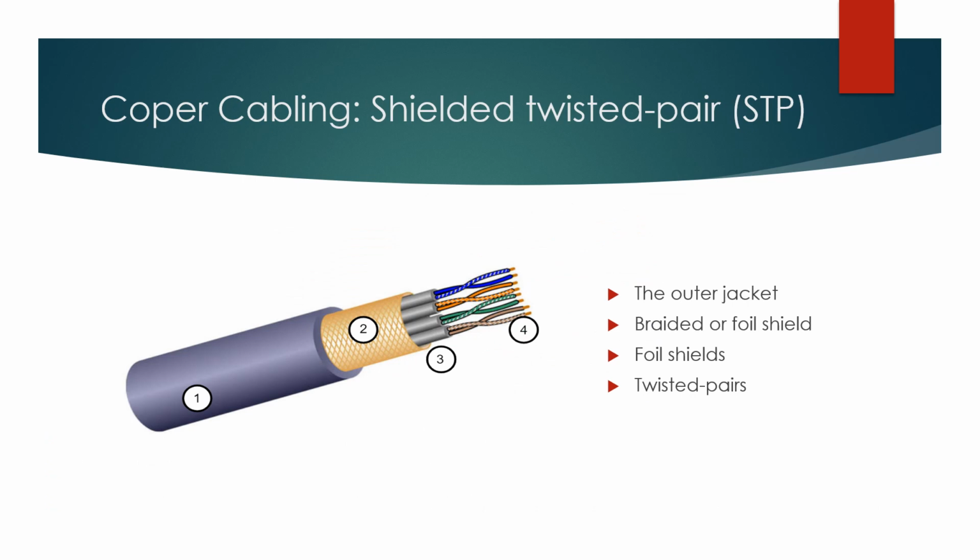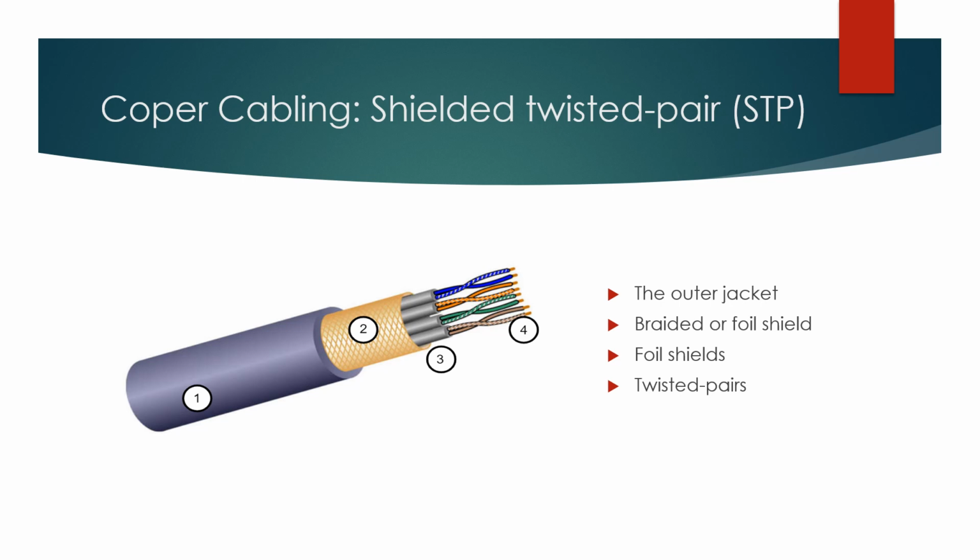The shielded twisted pair, or as we will call it, STP cable, provides better noise protection than UTP cabling. However, compared to UTP cables, STP cable is significantly more expensive and difficult to install, and it uses the same RJ45 connectors.